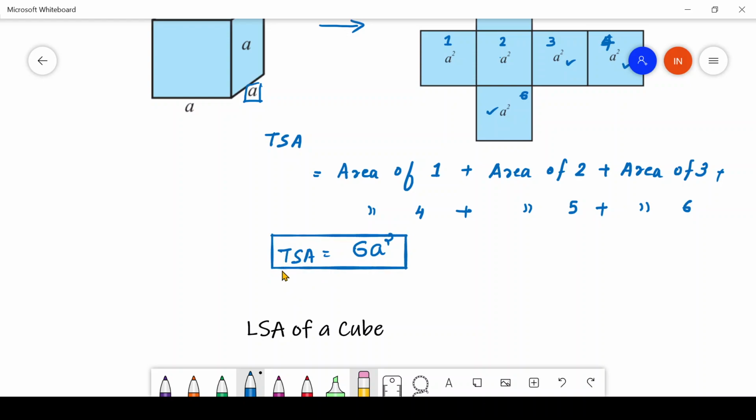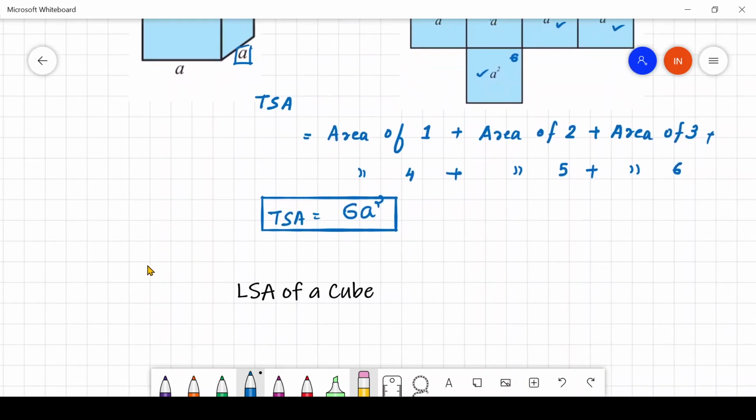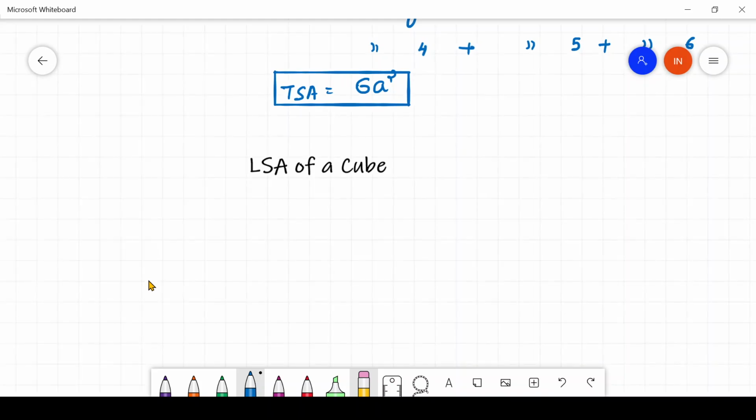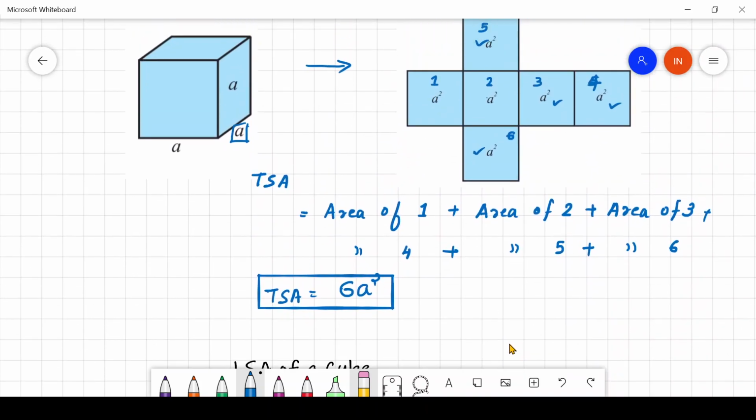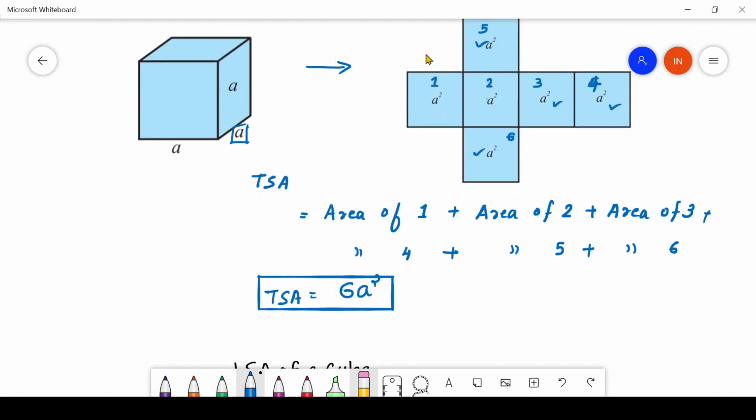It will be very easy for you to remember since you have learned the cuboid very well. So let us move on to how to find the lateral surface area of a cube. As we have discussed in the previous classes, you have to remove two faces' areas from the given total surface area, that means excluding the top and the bottom.